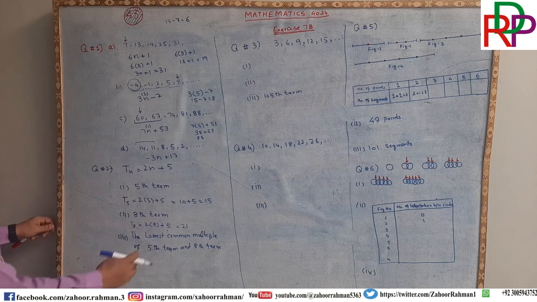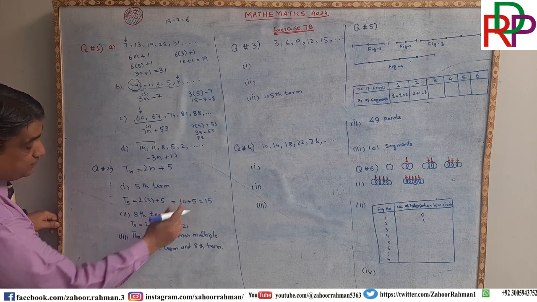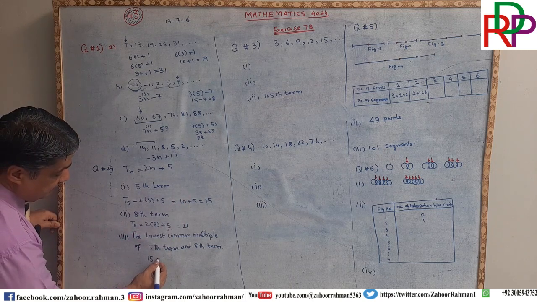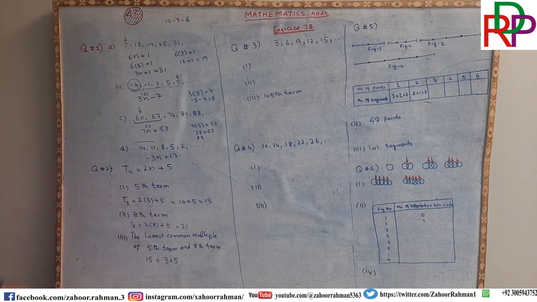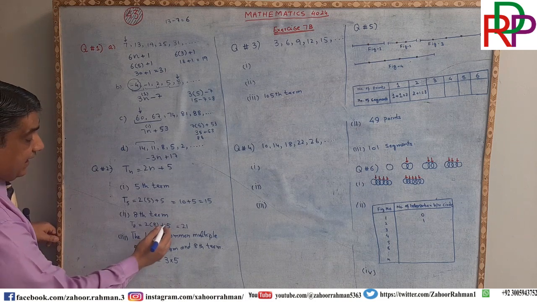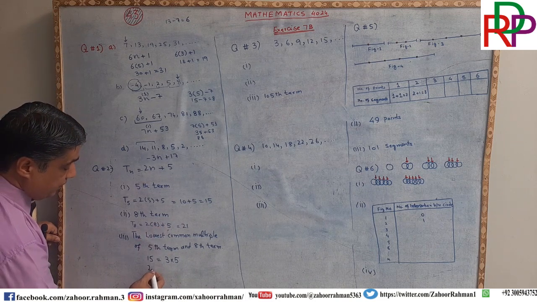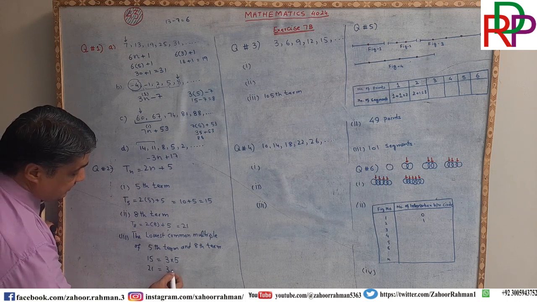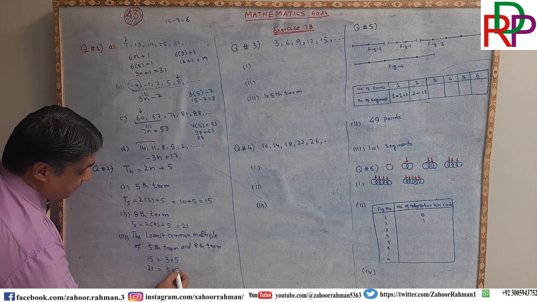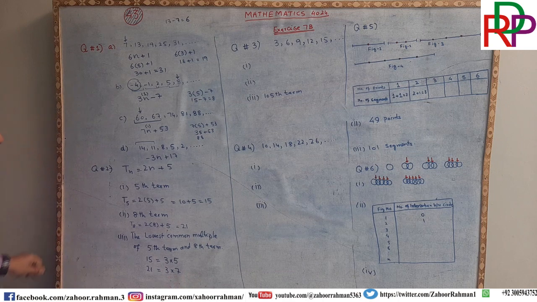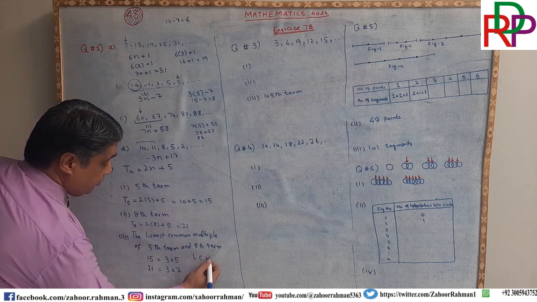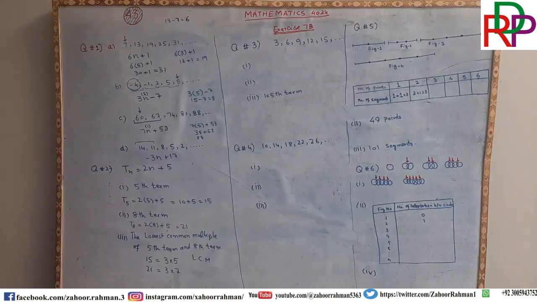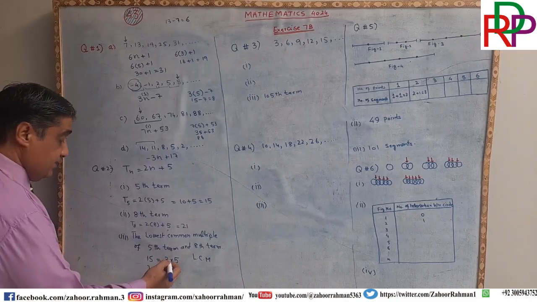Ladies and gentlemen, we found the fifth term to be 15 and the factorization is 3 5s are 15, and similarly of the 21, and that is 3 into 7. So LCM will be equal to common and non-common terms.